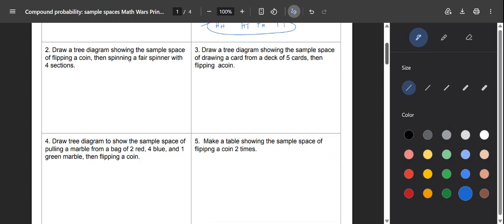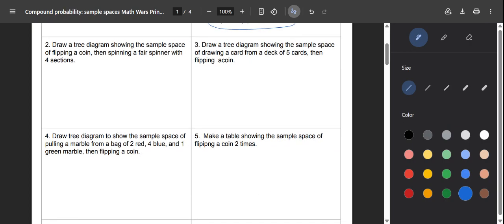Okay. Number 2, draw a tree diagram showing the sample space of flipping a coin, then spinning a fair spinner with 4 sections. So we're going to start with our coin flip. We know the options are heads or tails. And it doesn't tell us what our 4 sections for our spinner are, so I'm just going to number them since there are 4. Once I flip my coin, if I get heads, I can then spin my spinner and get 1, 2, 3, or 4.